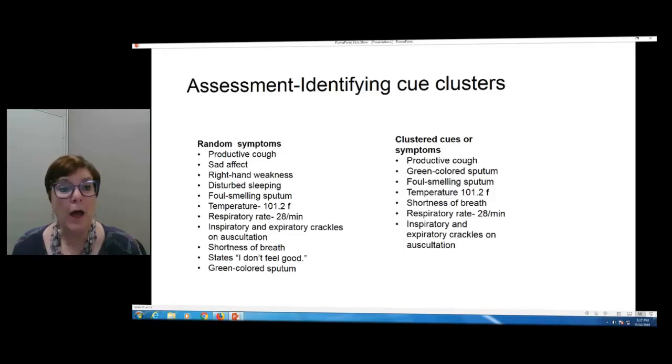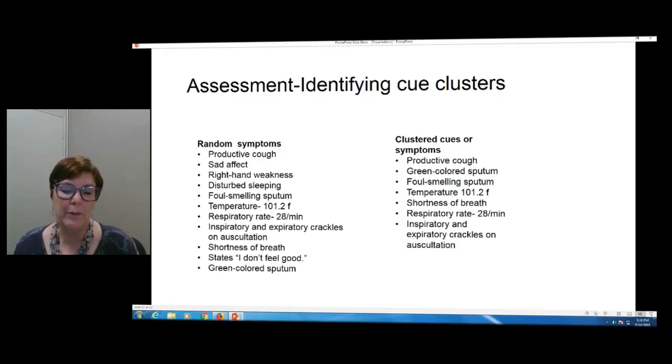Okay, the objective symptoms would be the productive cough, the right-handed weakness, foul smelling sputum, the temperature of 101.2, a respiratory rate of 28, inspiratory and expiratory crackles. Shortness of breath actually can be either one, because you can actually see the shortness of breath, or a patient can complain of shortness of breath without any visible or measurable symptoms.